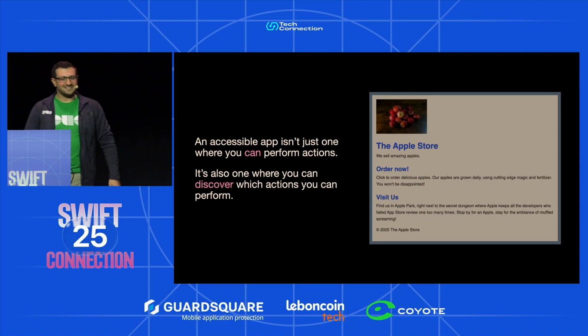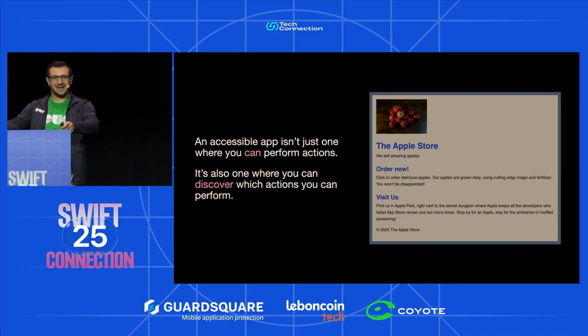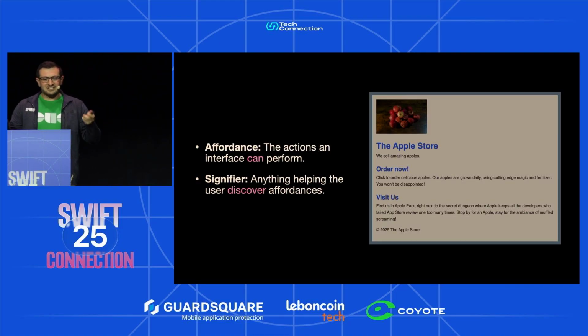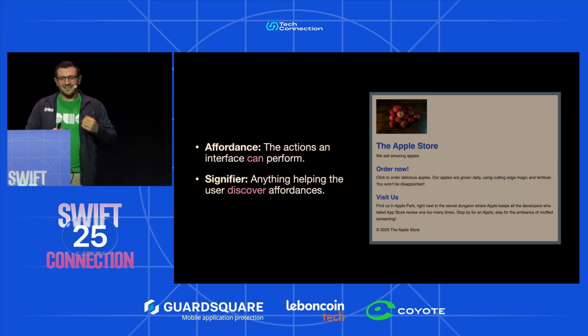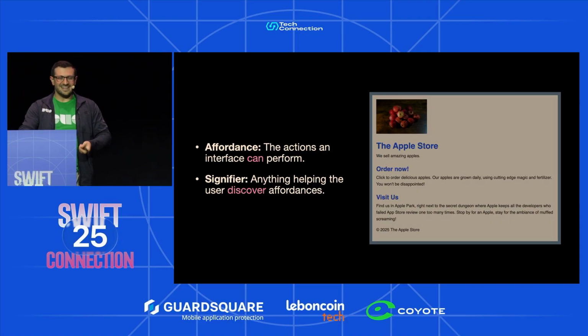So, going back to this quote, an accessible app isn't just one where you can perform actions, it's also one where you can discover which actions you can perform. There are actually words for these things. And this ties into something that Maxim mentioned yesterday about Don Norman, the guy with the book with the teapot that if you tried to pour the water, it would burn you.